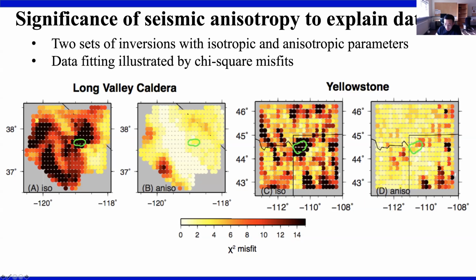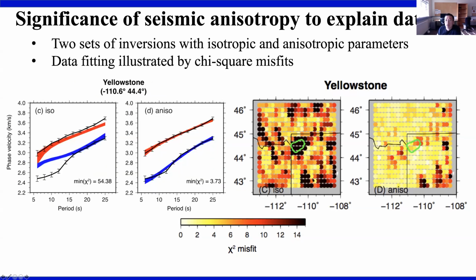We can further zoom in to Yellowstone. This is one case. The observation is our Rayleigh wave dispersion, and the colored lines are our predicted dispersions. You can see that without allowing anisotropy, we are not fitting anything.